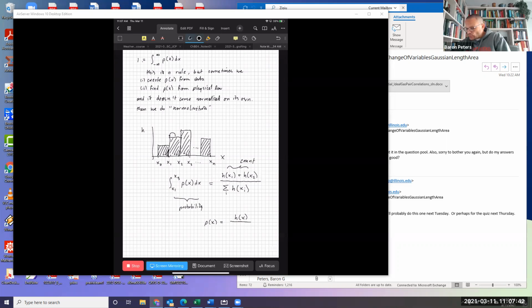And for any x, I look in this recipe to the point to the left, and I look at the height of that bin. And then I have to divide by the sum over all of the bins, h at xi, and I have to take the width of that bin. And the way I've drawn it, all the bins have the same width, but that doesn't necessarily have to be the case. All right, so why is that delta xi important down here and wasn't important above?